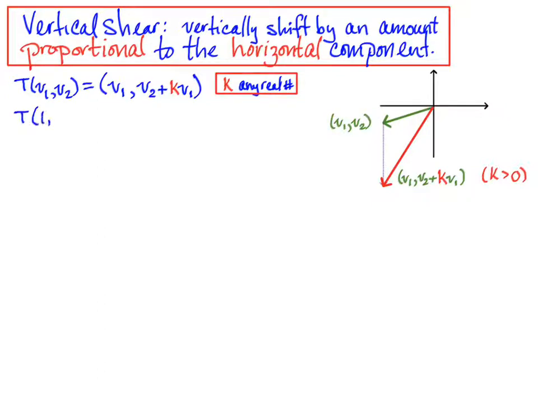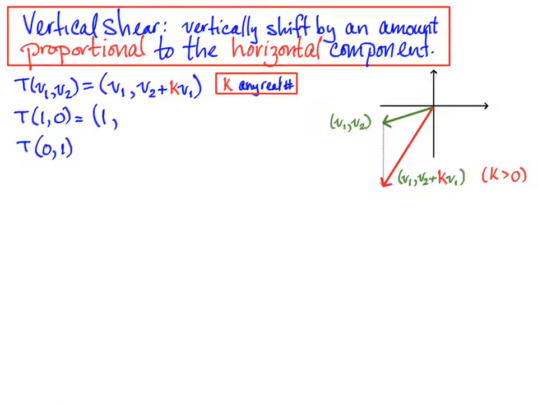All right, so let's find its matrix. So let's take the two standard basis vectors in R2. The two vectors are 1, 0, and 0, 1. So T of 1, 0, if we're shearing vertically or shifting it vertically, the first component doesn't change.